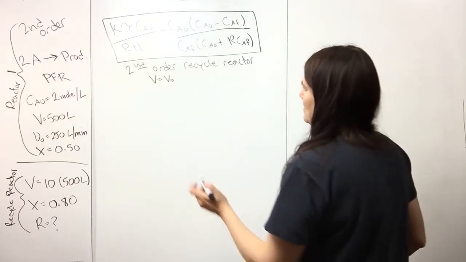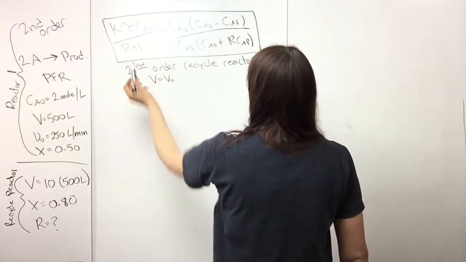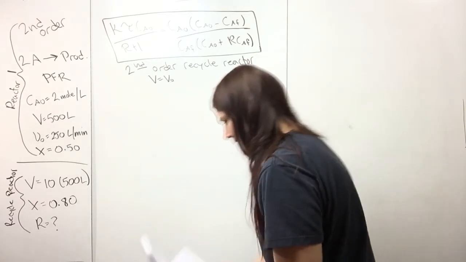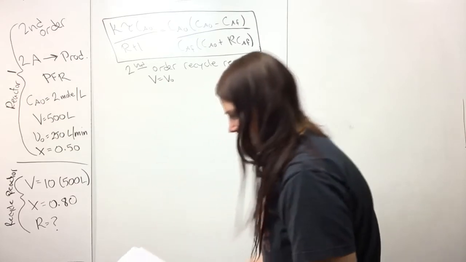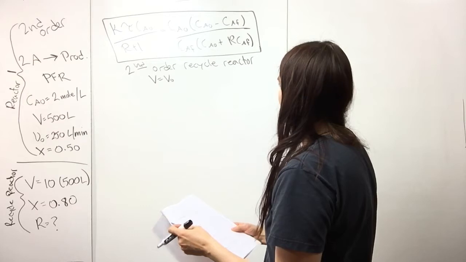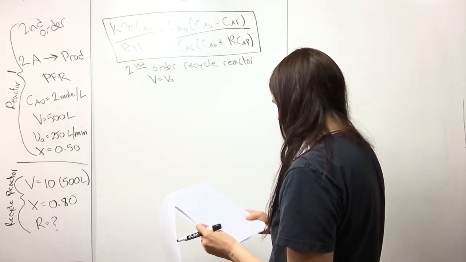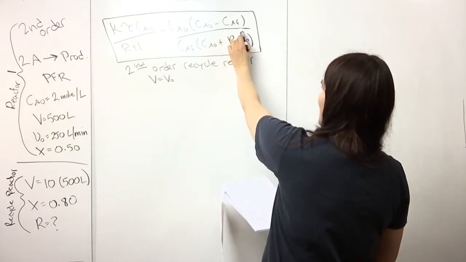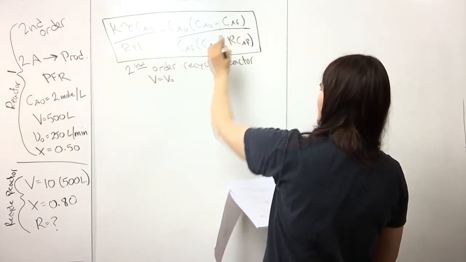You want to calculate R for X equal to 0.8. So you would plug in, there's an equation that relates, so this is your final concentration.